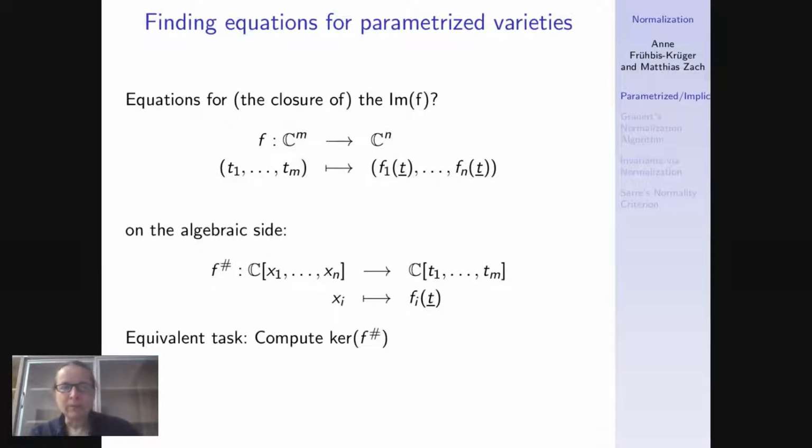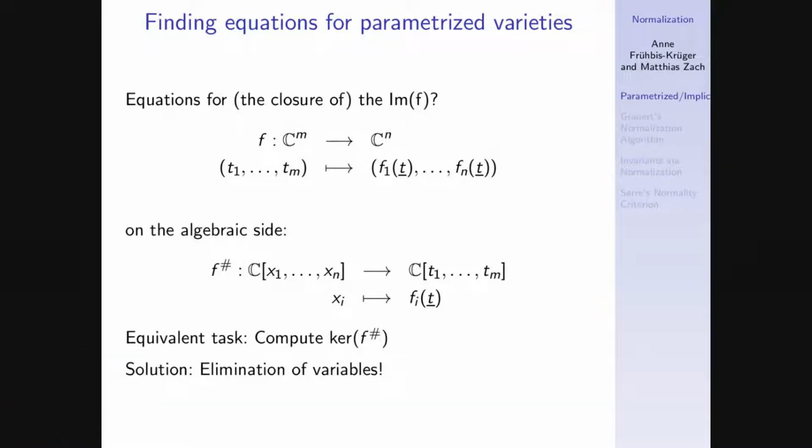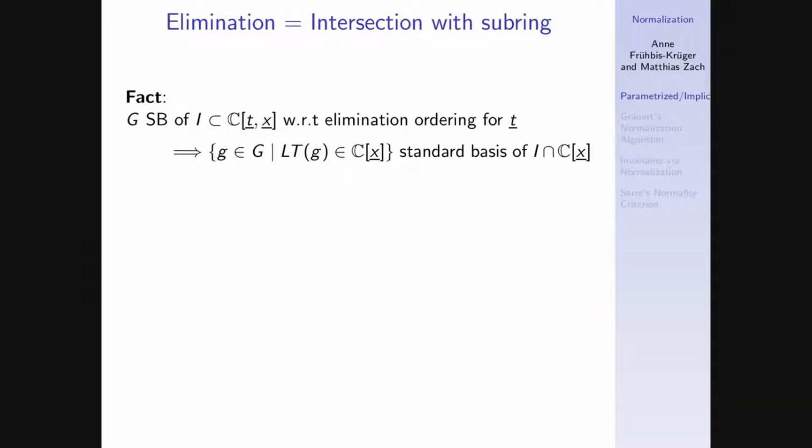And to do that, we translate what we have to the algebraic side, as we always do if we want to compute. So we are looking at the corresponding map of polynomial rings, and that map is assigning to xi the image fi of t. And the task here on the algebraic side is to compute the kernel of this ring map. And that is what we are going to do now. And the tool to do that is elimination of variables. Elimination of variables is even older than Gröbner bases, but with Gröbner bases, it's very convenient to do.